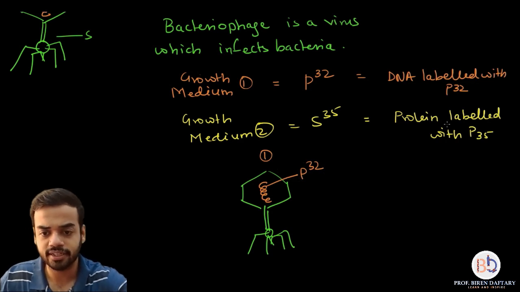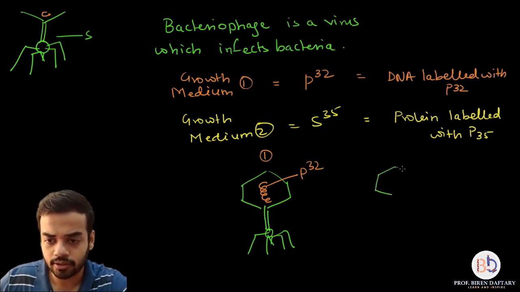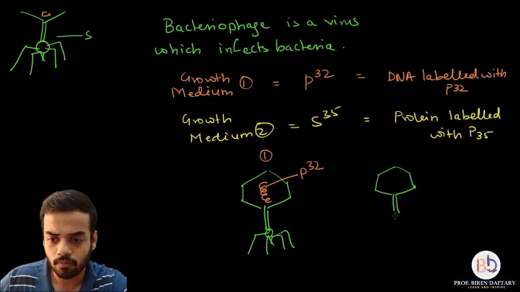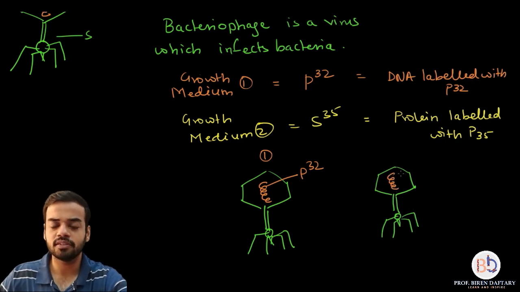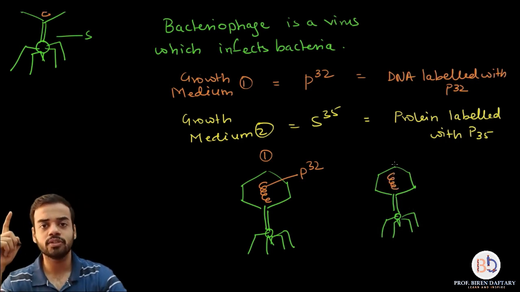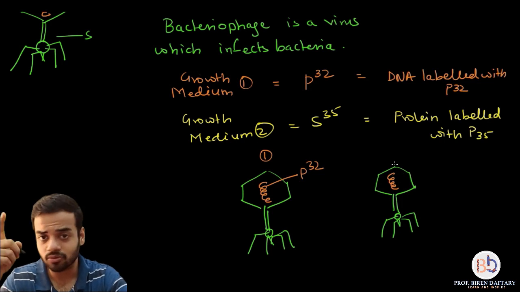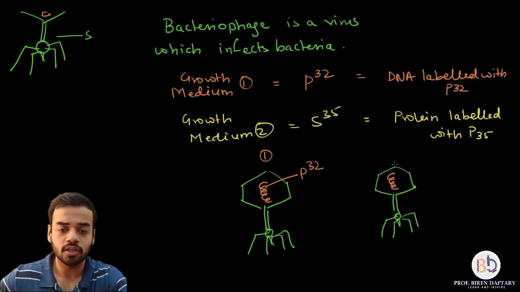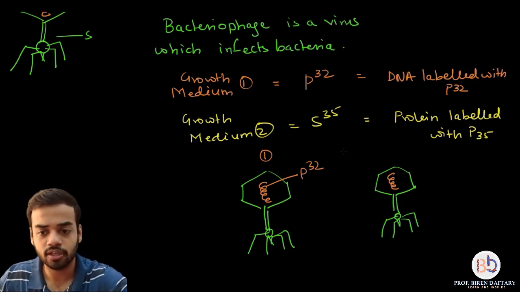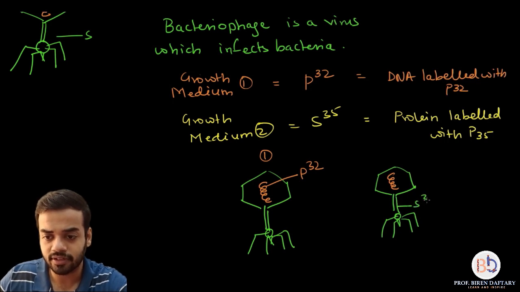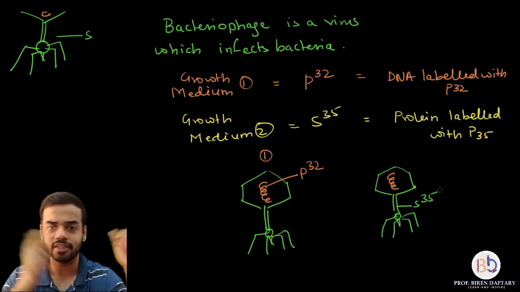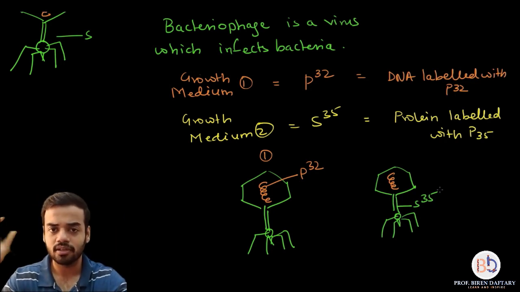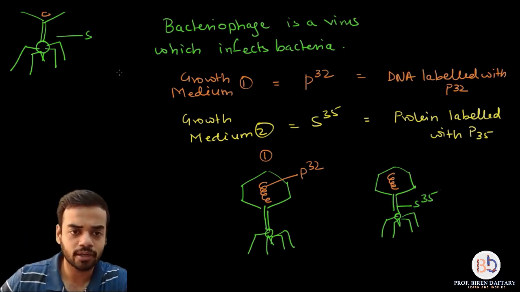Now I draw the second diagram, and the DNA. But the second bacteriophage was grown in S35 medium. S35 doesn't go into the DNA. DNA doesn't have sulfur. So I'm going to label this protein as S35. Is this clear? Both the bacteriophages were labeled. One had the DNA labeled, the other had the protein labeled. Is this clear? Then what happened next?